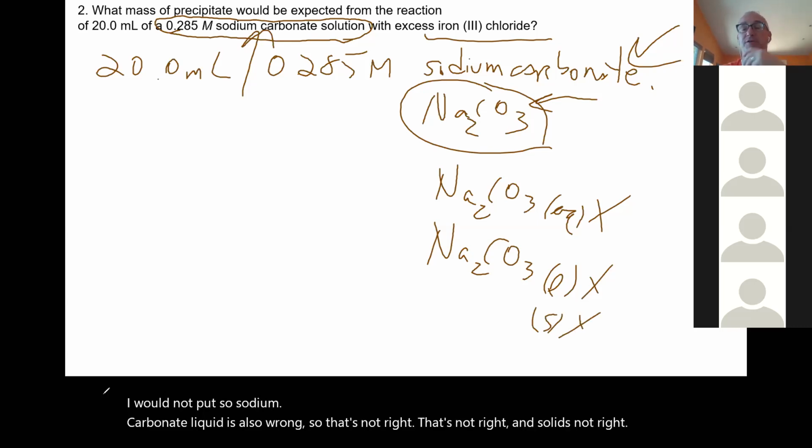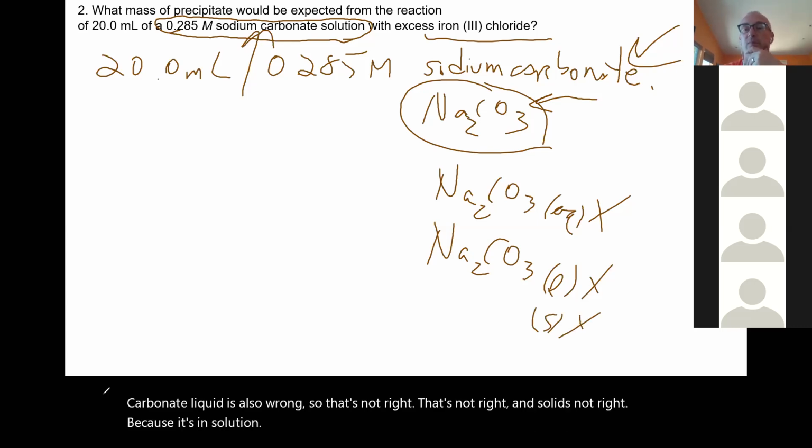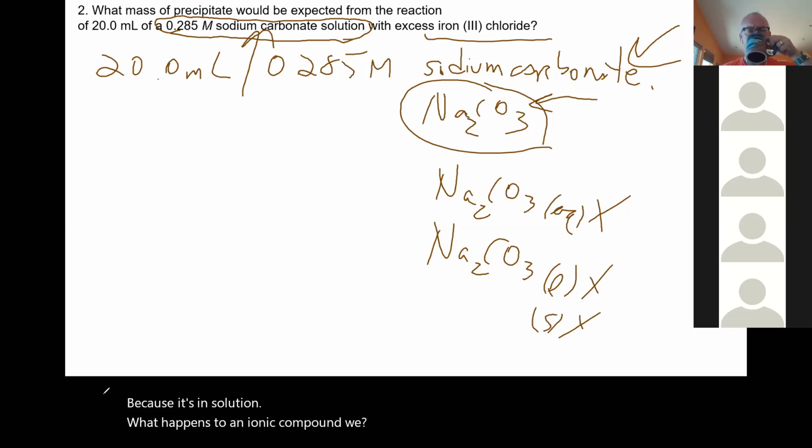Because it's in solution. What happens to an ionic compound when we dissolve it in water? They separate, that is correct, and become what? They become ions, that's right.